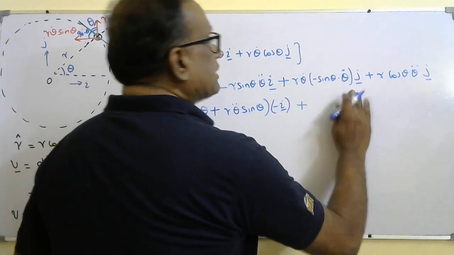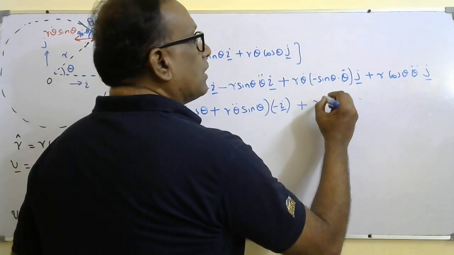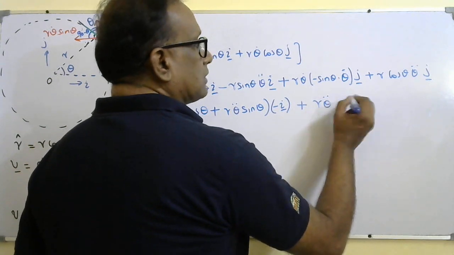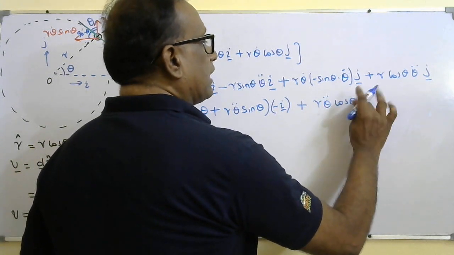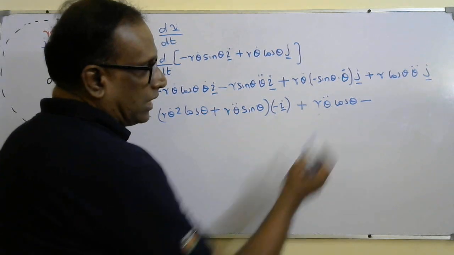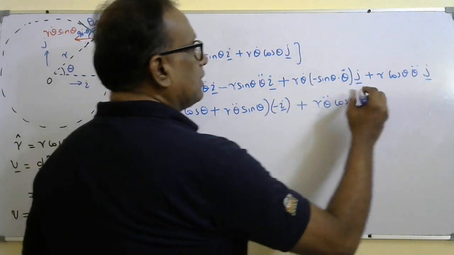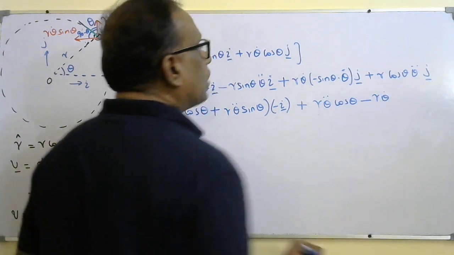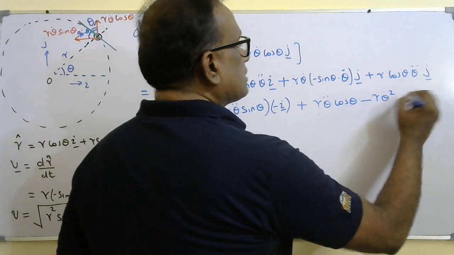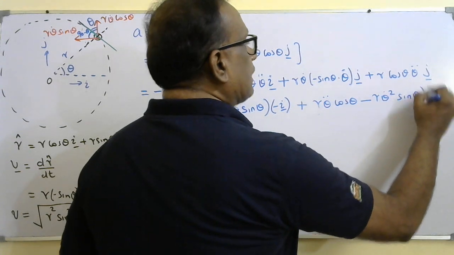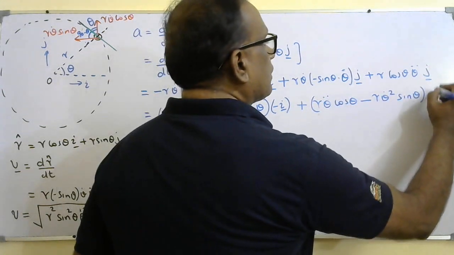Sorry, I can write this one first. r theta double dot cos theta minus r theta dot squared sine theta j.